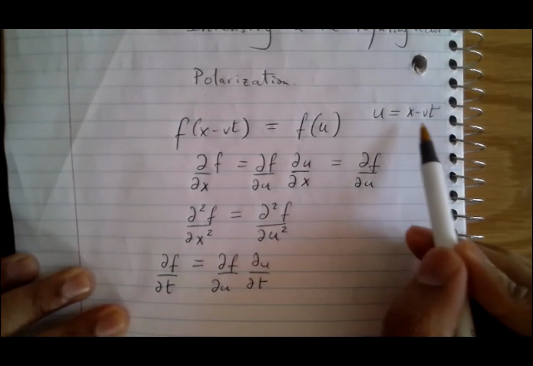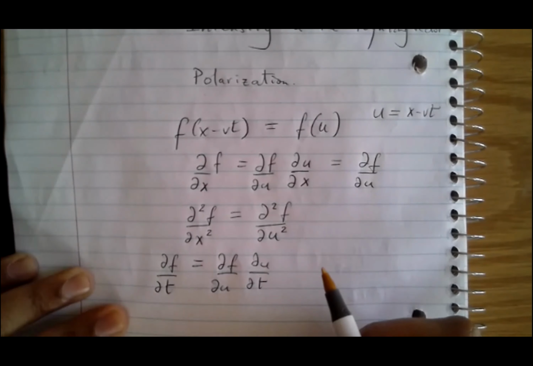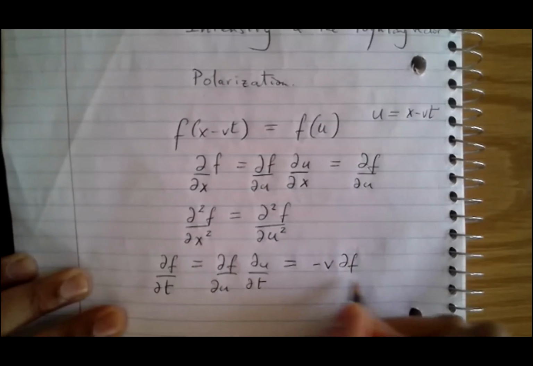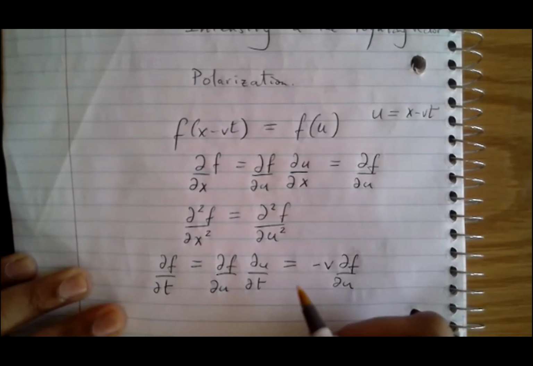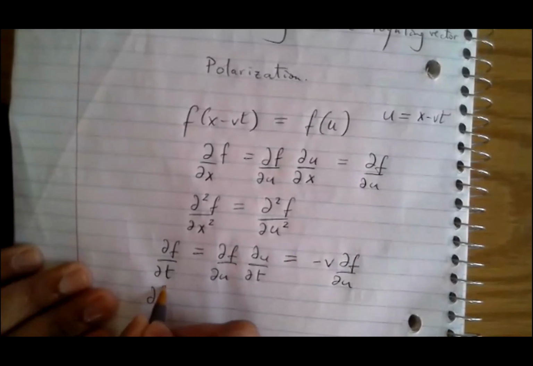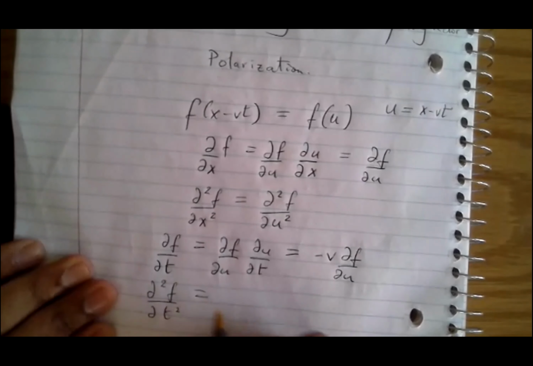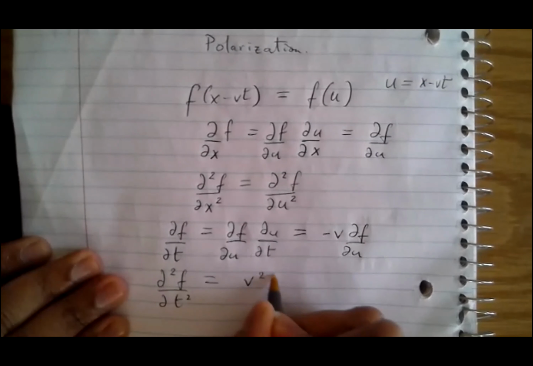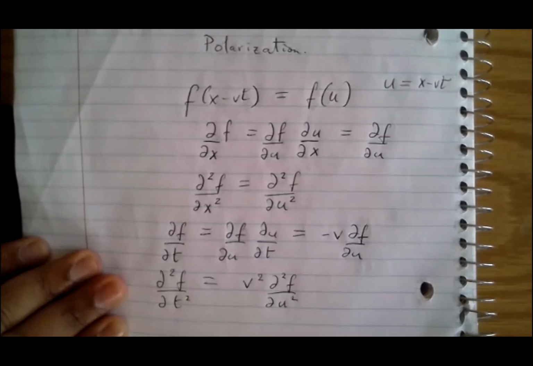So when I do partial u partial t, I get minus v, so I get minus v partial f partial u. And v is a constant, so I can take one more derivative, and I end up with another factor of minus v. So I get v squared times the second derivative of f with respect to u.